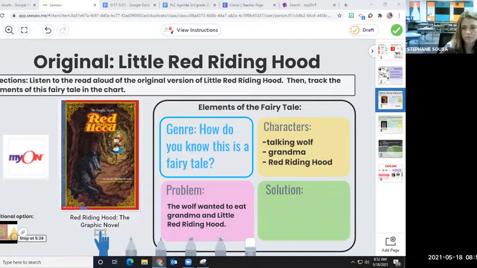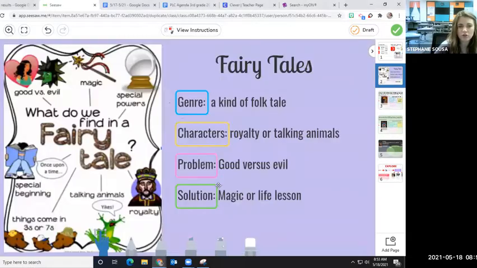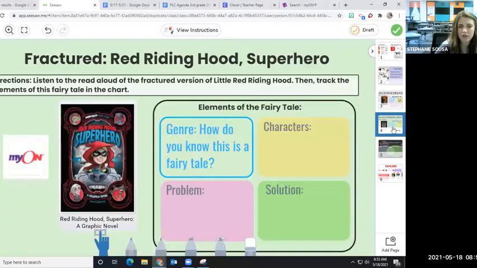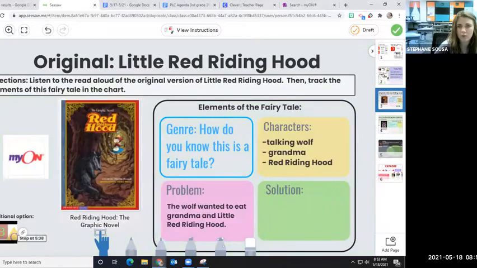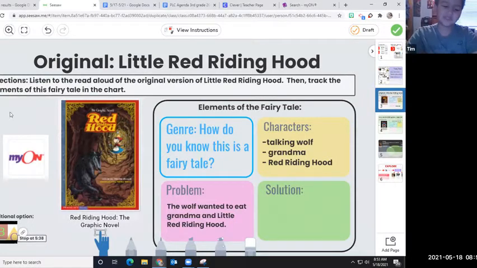Okay. Our solution, remember, inside of a fairy tale, our solution is usually magic or a life lesson. What did we have inside of this one? Was it solved by magic or a life lesson? Tim? Thinking maybe life lesson.